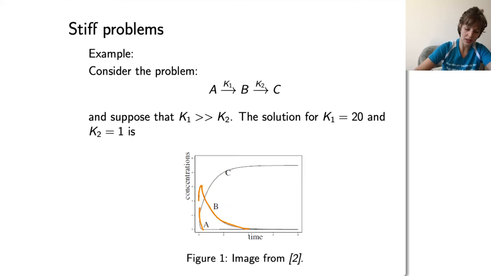As we can see here, the slope for A tends to infinity, almost 90 degrees. So if we take some fixed time step, imagine that we get some time step like this, okay?